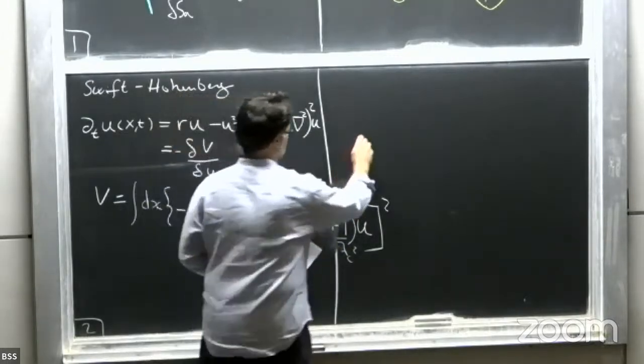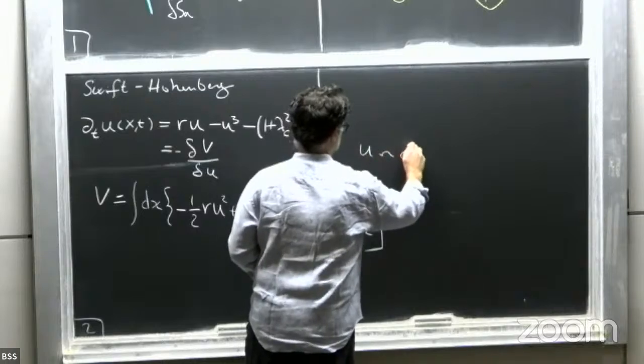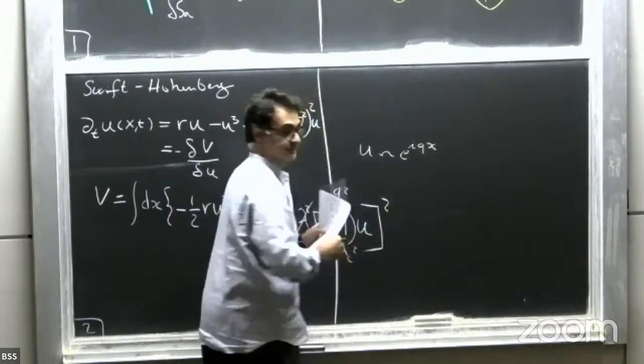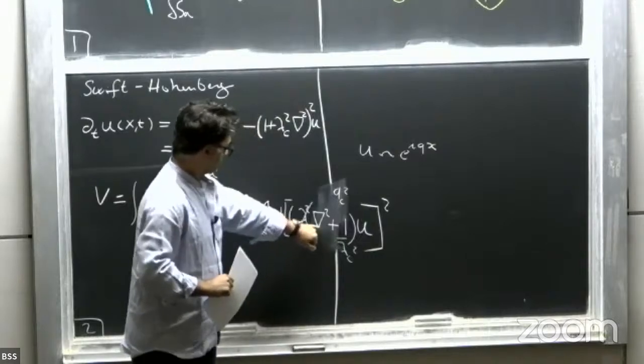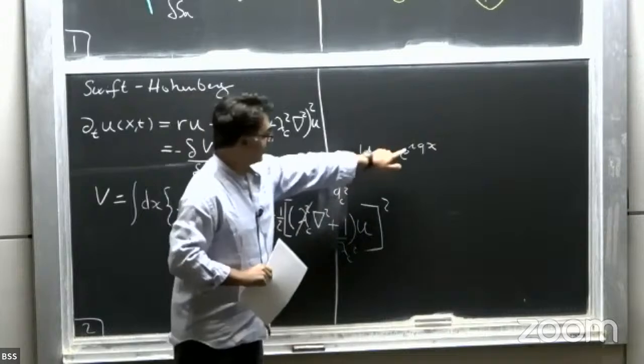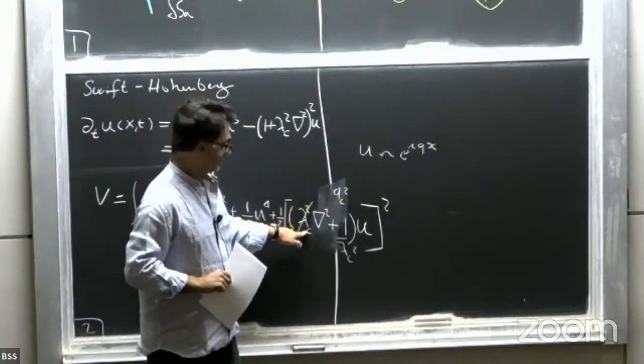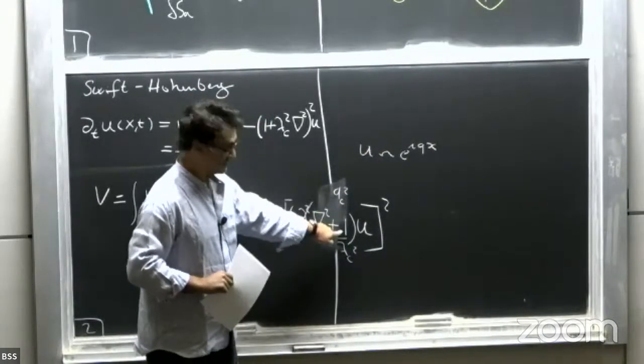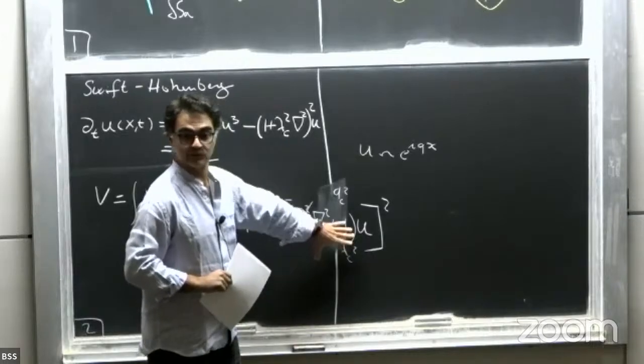If I put u equal to e^{iqx}, the first term will take 2 derivatives and bring down minus q squared. If that minus q squared is equal to q c, this term will vanish.